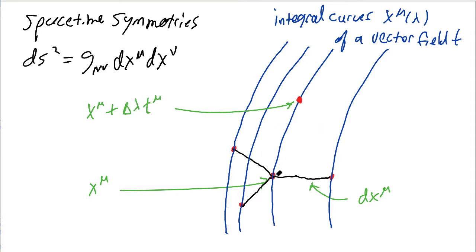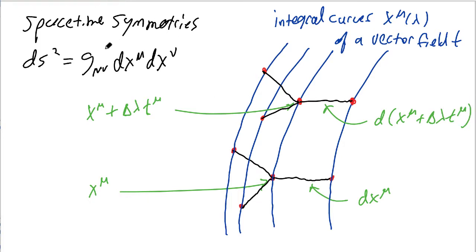So what I've done is I've displaced this point by this displacement vector, delta lambda t mu. So delta lambda t mu is a vector that points from this event to this event. All right, and similarly, we let each of these other points flow along these integral curves. So this point goes to here, this point goes to here, this point to here, and so forth. So now we look at this network of separations. This separation is d of x mu plus delta lambda t mu.